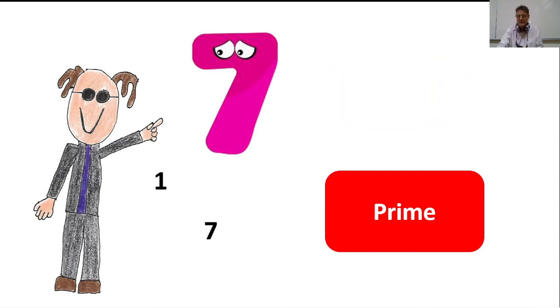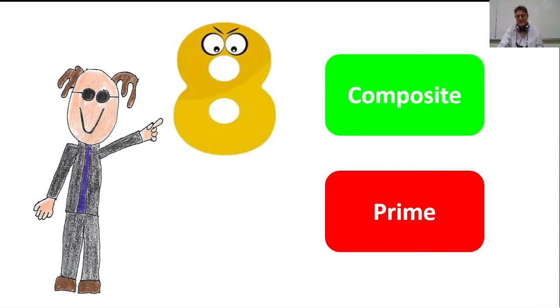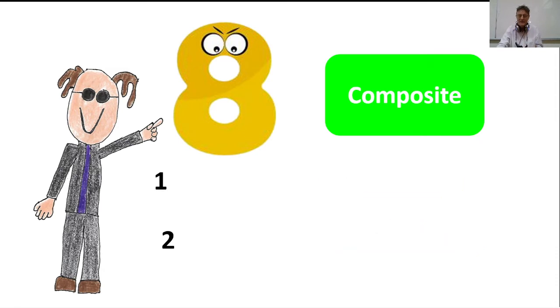It is a prime number. How about 8? Composite or prime? Well, 8 is an even number, so it is divisible by 2, and it must therefore be a composite number. 8 is also divisible by 4 and itself.